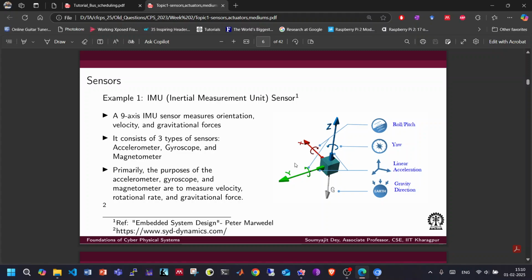We obviously try to measure that, and measuring its position is not enough. So what do we need? We need to know the velocity along each of the axes, x, y, and z, and that is also not enough. So we need to know the angular velocity along each of the axes. If we want to measure the angular velocity along each of the axes, what are the ways to do so? There are different sensing units that are used for that.